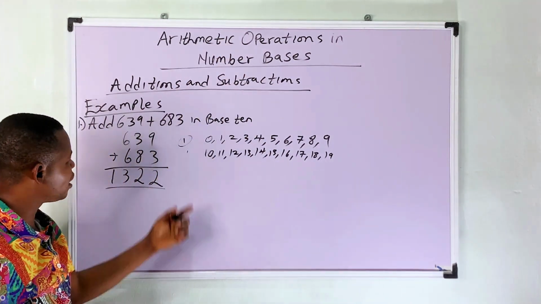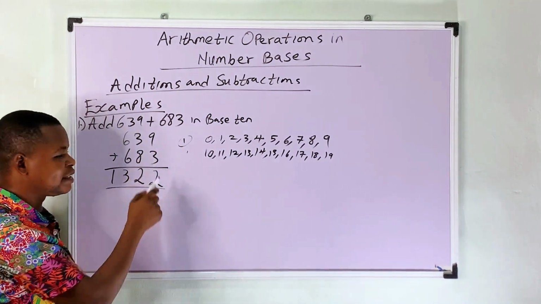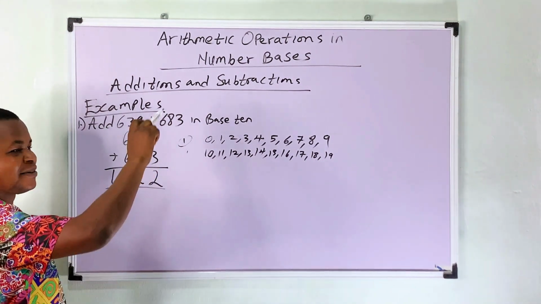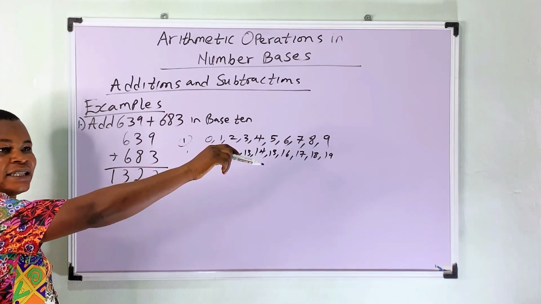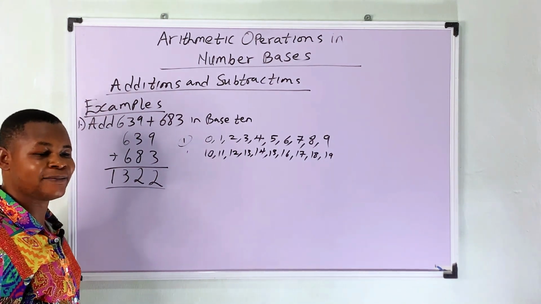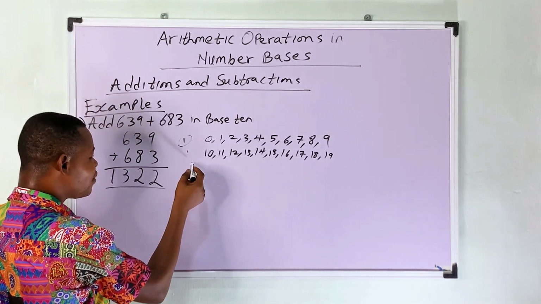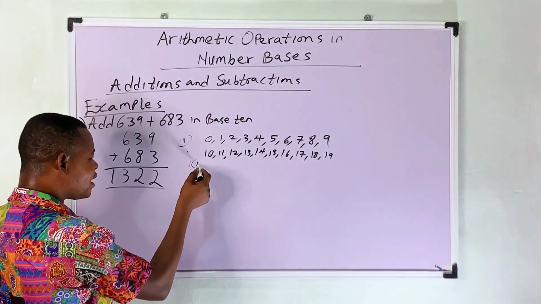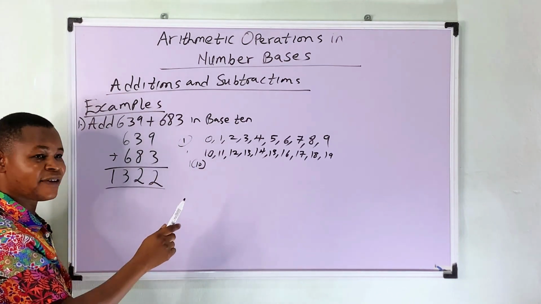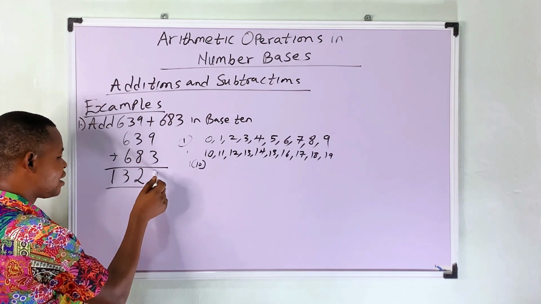Now, let's come back to the one we keep here. When you say 9 plus 3, that is 12, which exceeds the threshold of digits that we could get in base 10. That means we have one set of 10 from that result. And what are we left with? We are left with 2. We write the remainder.